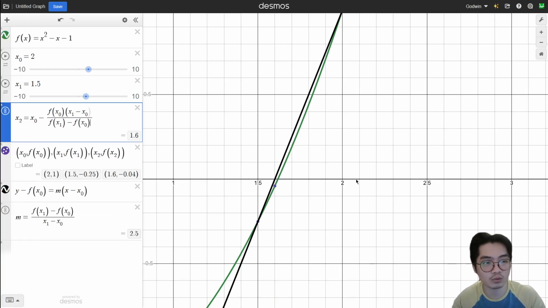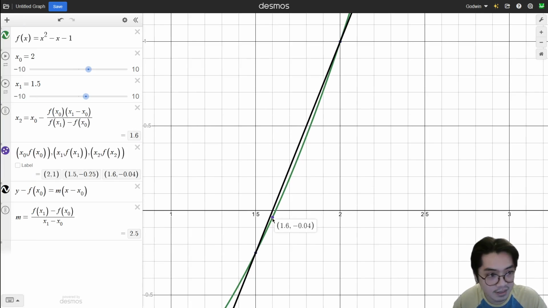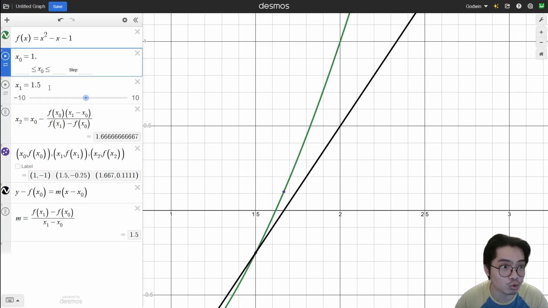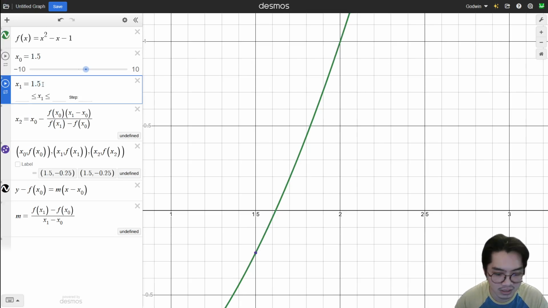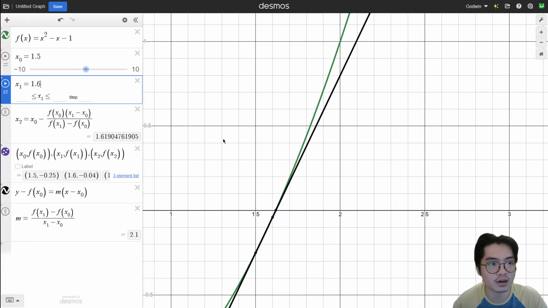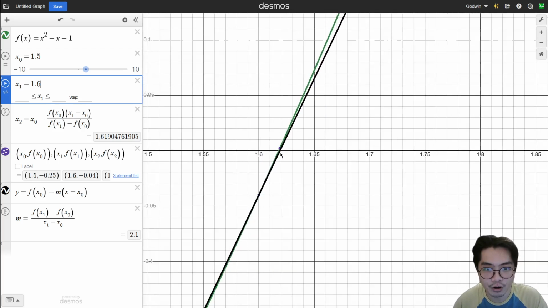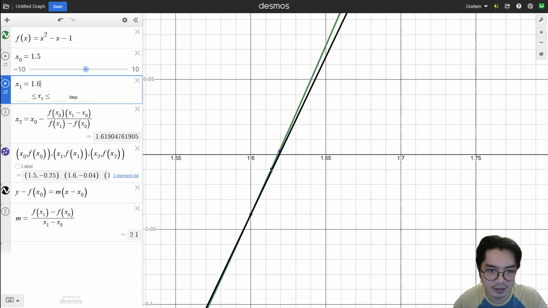There you go. So that is 1.6. We will now change 1.5 to 2 to 1.5, 1.5 to 1.6. You'll now see, oh, it's getting much nearer to our answer, right?